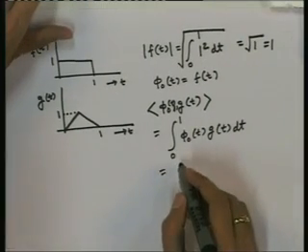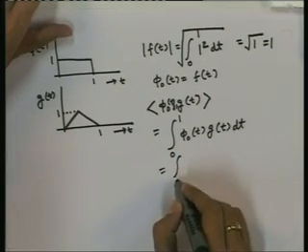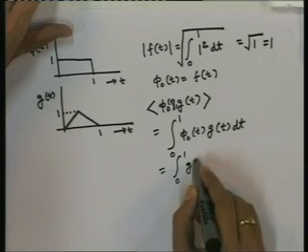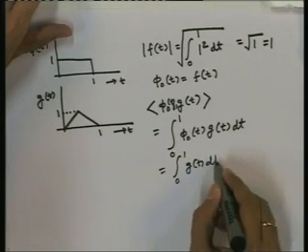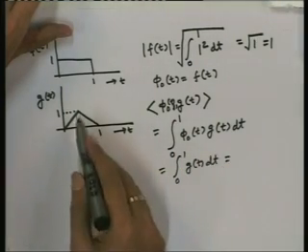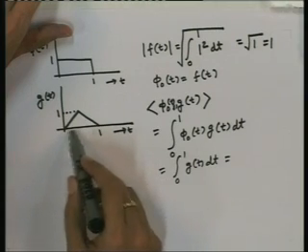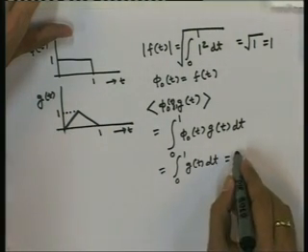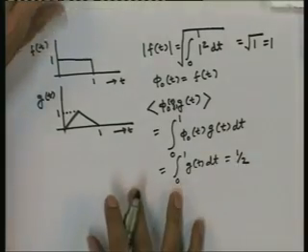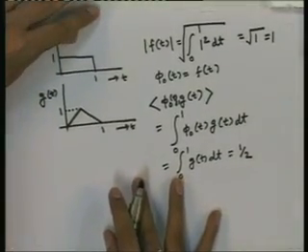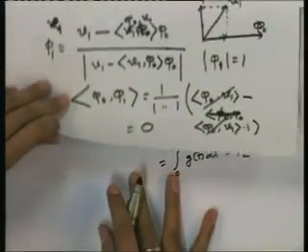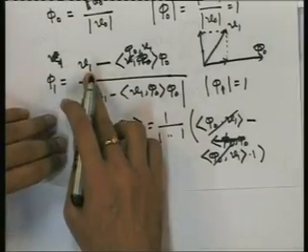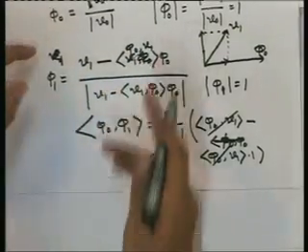So, this integration of g t dt is the area of g t. What is the area of g t? It is base 1, height 1, so the area is half. So the second vector we will get by taking v 1 minus this inner product times phi naught.